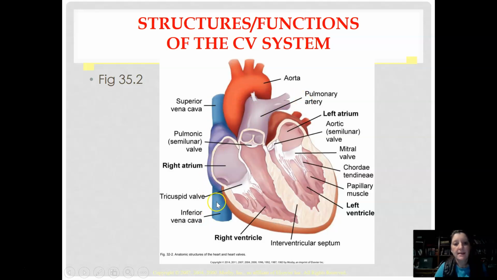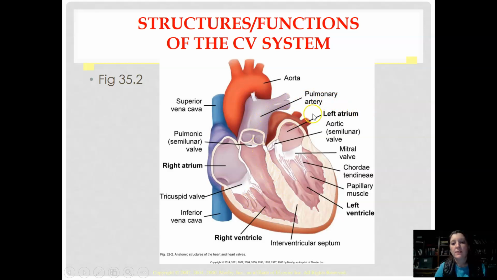And then you can see that this side, the superior vena cava, the inferior vena cava, and the right atrium are colored bluish purple, and these are the largest veins in the body, superior and inferior vena cava. So this blood is deoxygenated. It's returning to the heart so that it can be pumped to the lungs.